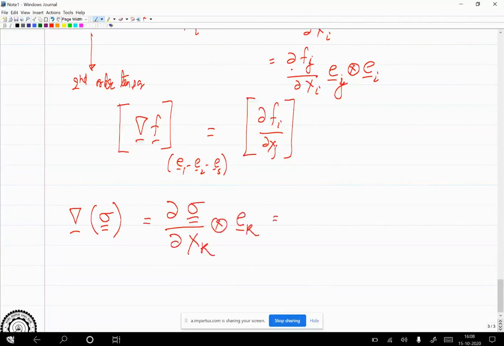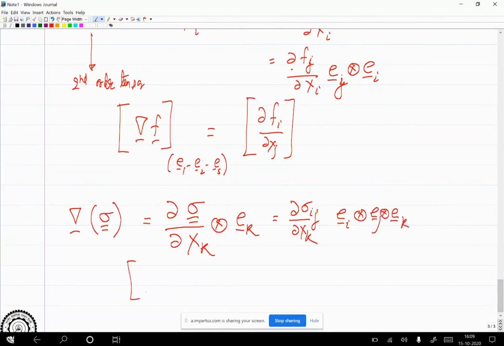And if you expand sigma in terms of its components, it is del over del xk of sigma ij into ei tensor product ej tensor product ek. So it's a third order tensor.